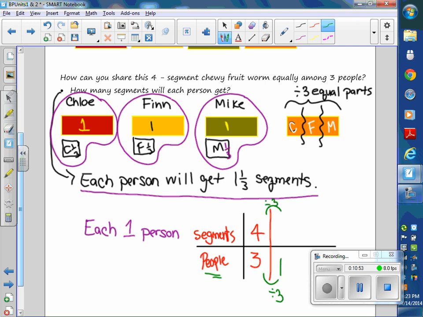And 4 divided by 3 you can write as a fraction. 4 divided by 3 is the same as 4/3, which is 1 1/3. We get the same answer with the ratio table.